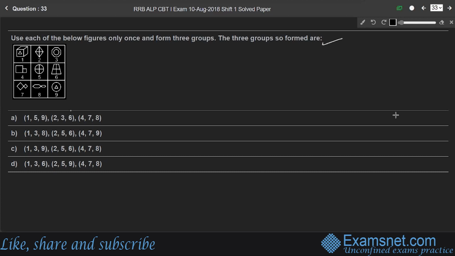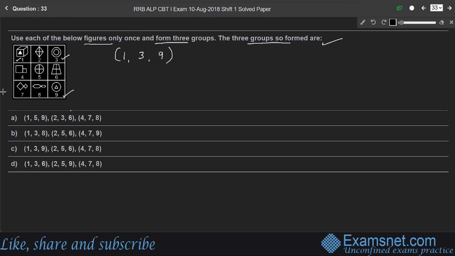Question 33. Use each of the below figures only once and form three groups. Here are 9 different figures, and we have to form 3 different groups out of them. First we'll consider figures 1, 3 and 9. Look at the first figure: the smaller figure, a triangular one, is inside the bigger one.